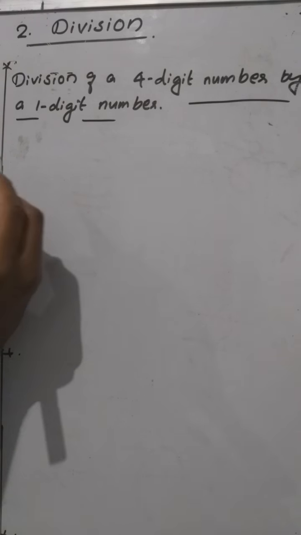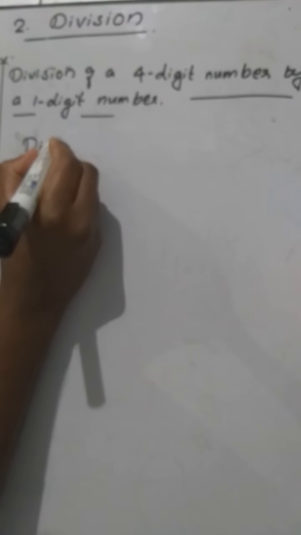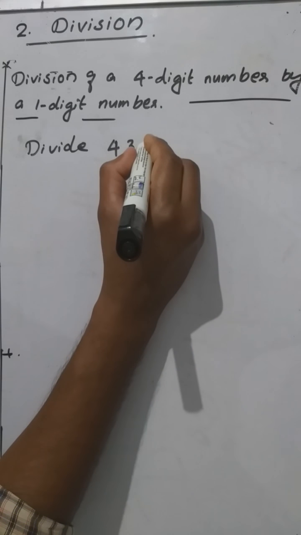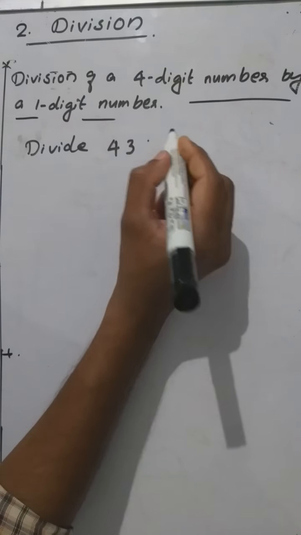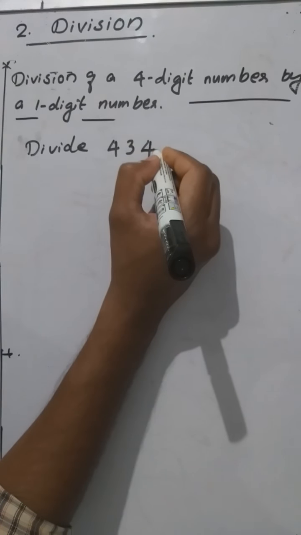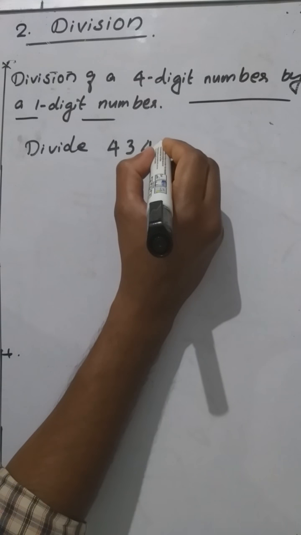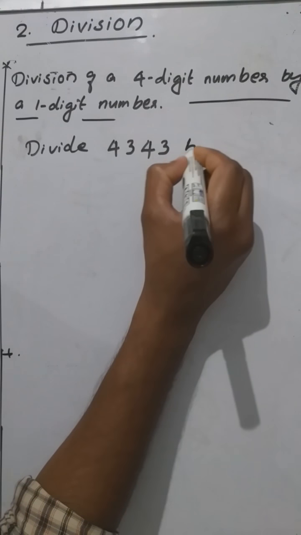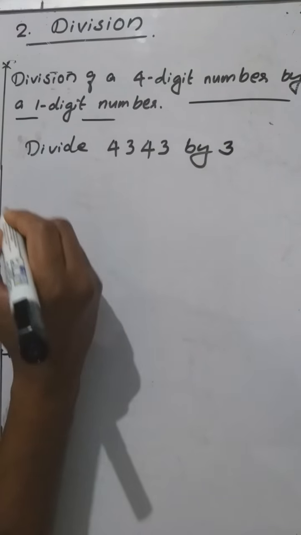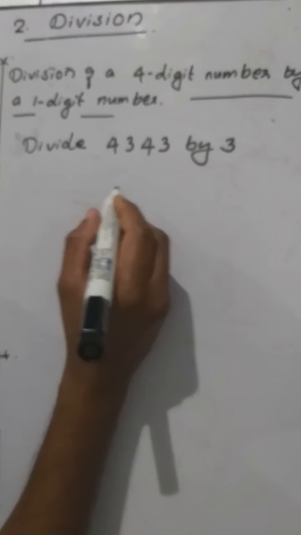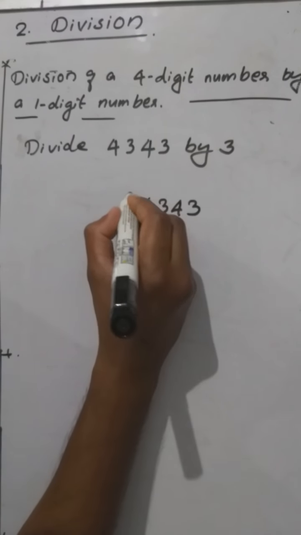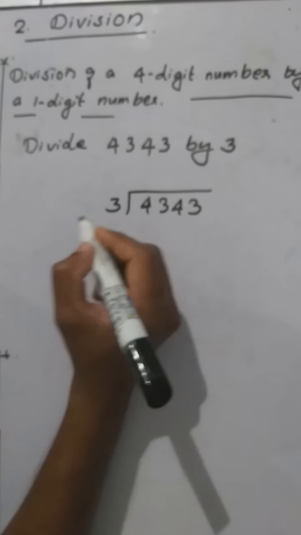Let's do one more example. Divide 4343 by 3. 4343 divided by 3.